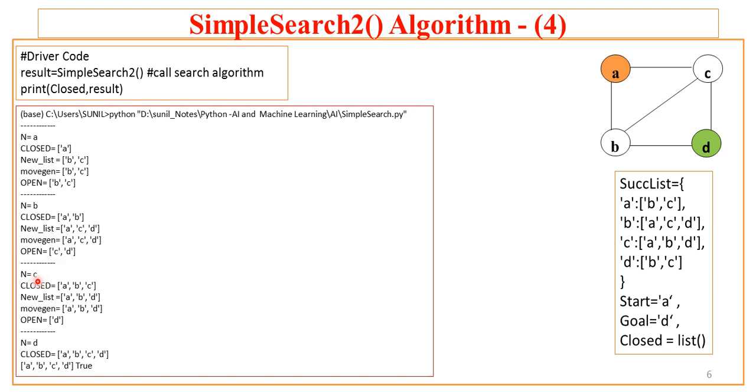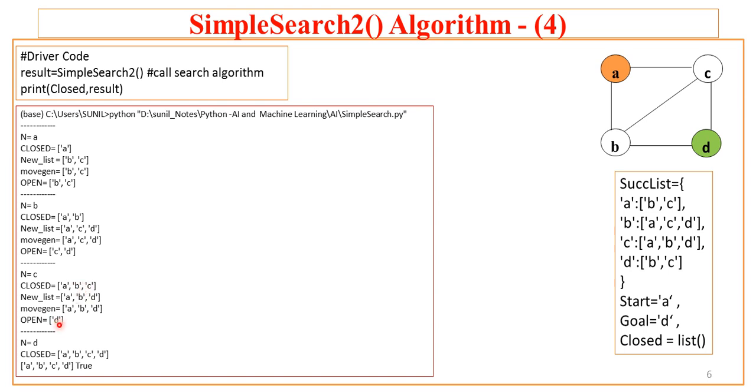So it picks the first node, C. Again C is not the goal node, so it is added to the closed. Now what are the immediate successors of C? They are A, B, D. Now again moveGen returns A, B, D, and these moveGen elements are added to the open. But you know well, whatever is there in the closed that appears in the open is removed, and open is updated.